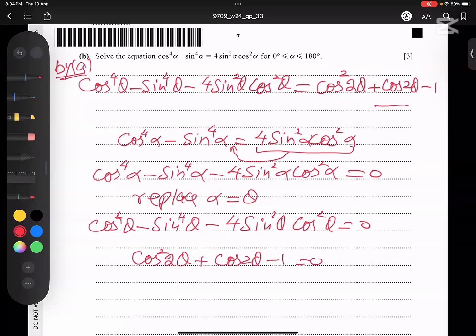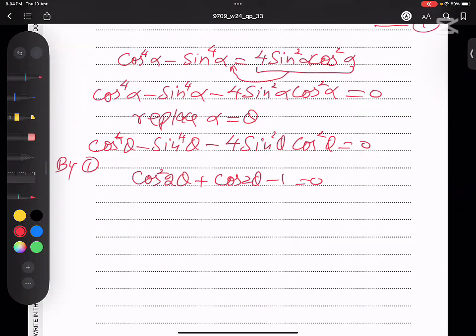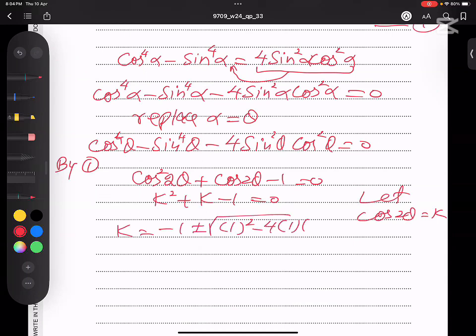Okay, this is equation number 1. Now, students, because it is a quadratic, I can say let cos double theta equal to k. So this turned to be k square plus k minus 1 equal to 0. So I apply the quadratic formula, minus b plus or minus the square root of b square minus 4ac, over 2a.